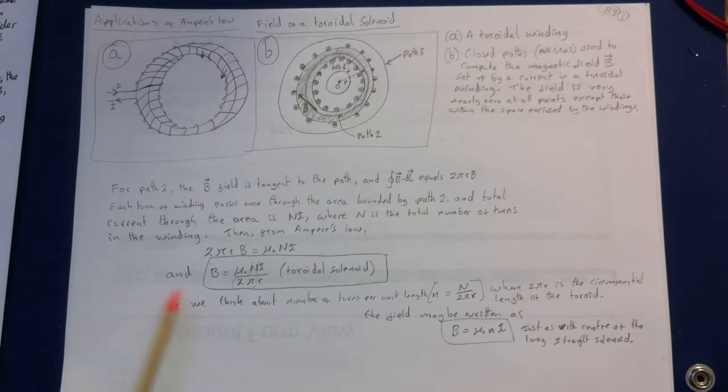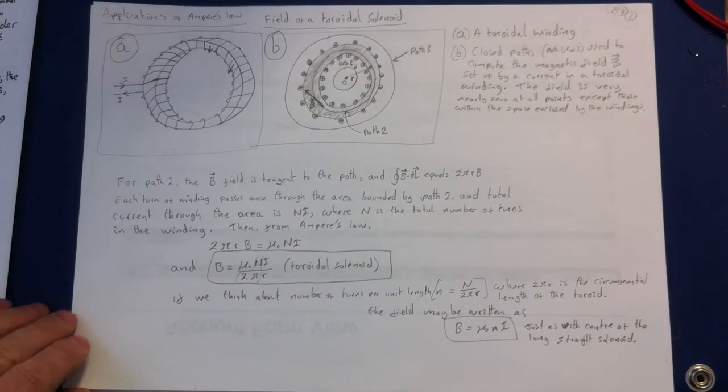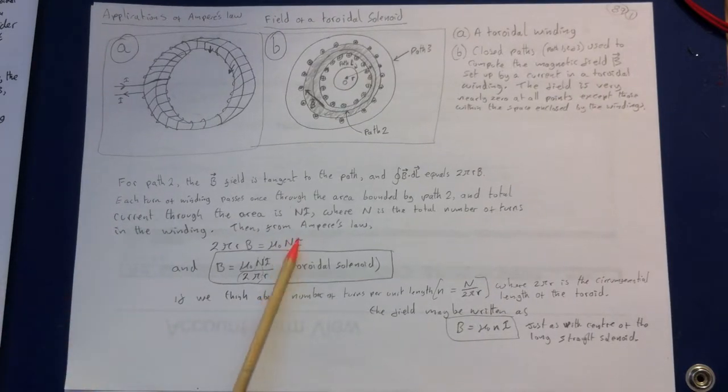Then, from Ampere's law, we've got the closed path integral equals mu naught times the total current, which is the number of turns times the current through one of those. Therefore, B equals mu naught N I over 2 pi r.